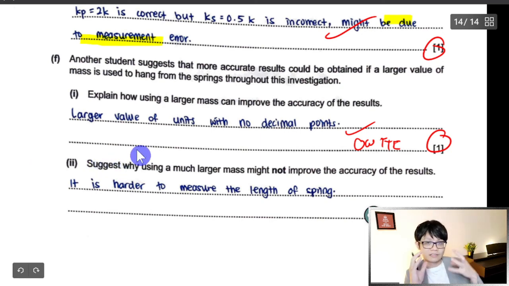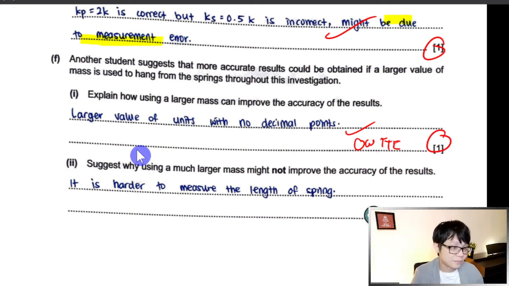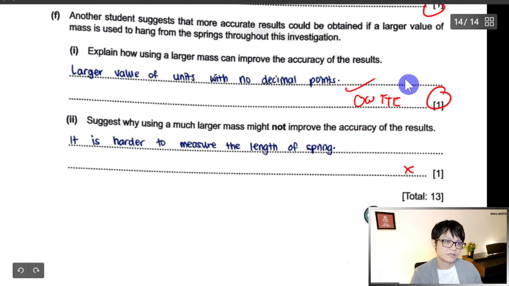You need to phrase it a certain way so that the value will be larger and you can reduce the measuring error, or any answer related to the answer in the marking scheme. Actually I can give wrong, but I just give correct, because you get a larger value, but the exam can give wrong, so I don't know, sometimes it depends.